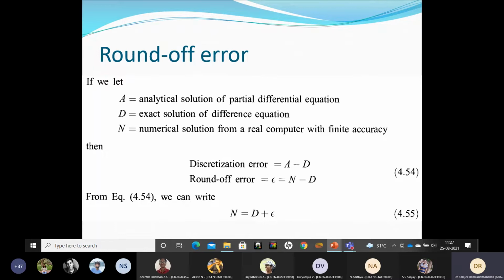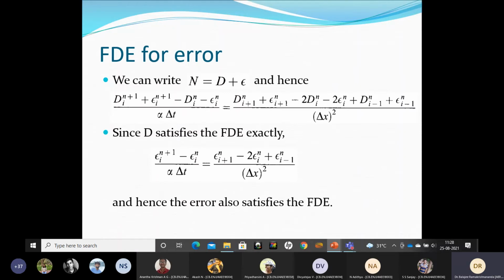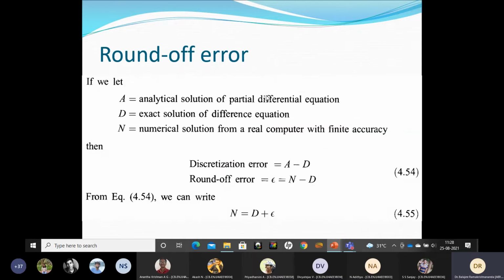Let's say N is D plus epsilon. That is, the numerical solution will be the exact solution of the difference equation plus the round off error due to the computer. So instead of the exact solution, we'll get D plus epsilon as N, which is the numerical one.